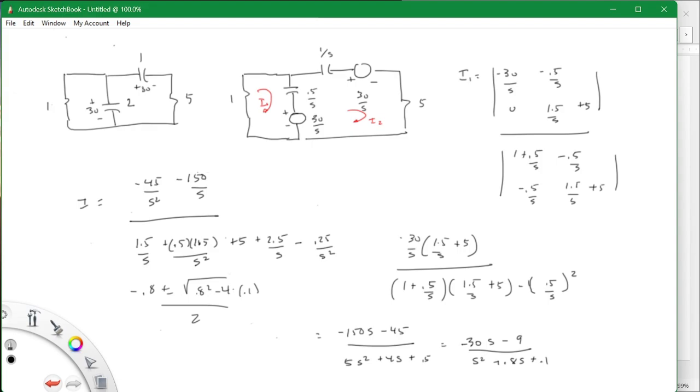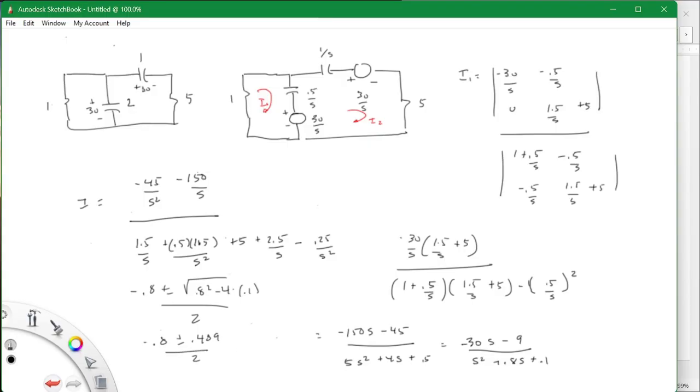Square root of 0.24 is equal to 0.489. Minus 0.8 plus or minus 0.489 all over 2.